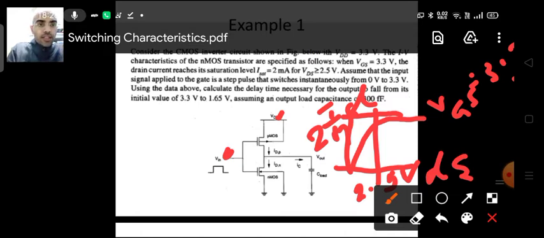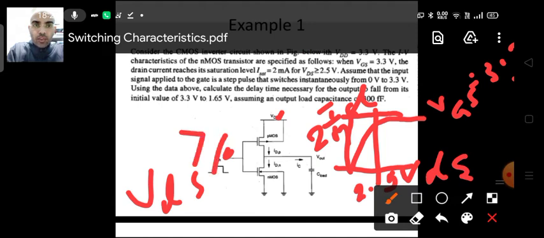For the discharging case we want the threshold voltage of the NMOS, and that is not given. So how can we find that threshold voltage? We can find it with the help of the characteristics given here. Saturation occurs when VGS is greater than VTN, and when VDS is greater than or equal to VGS minus VTN.